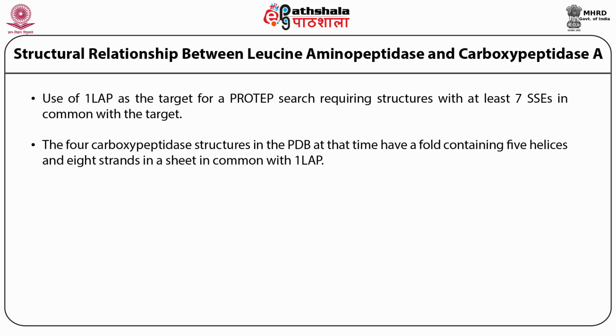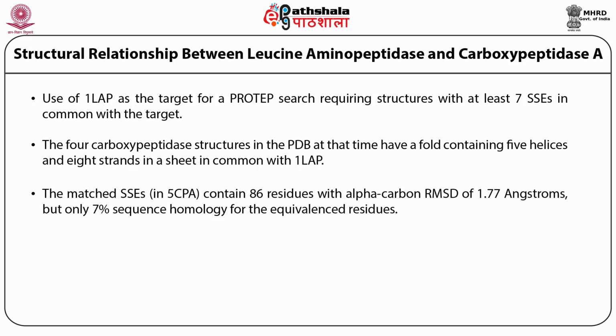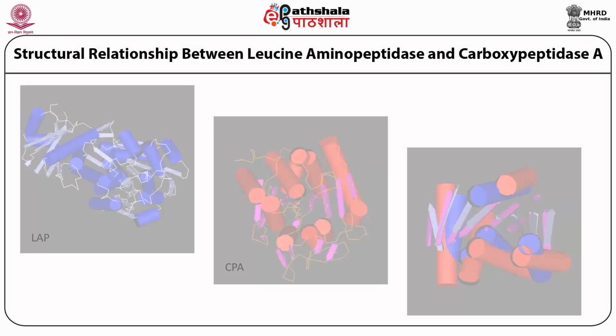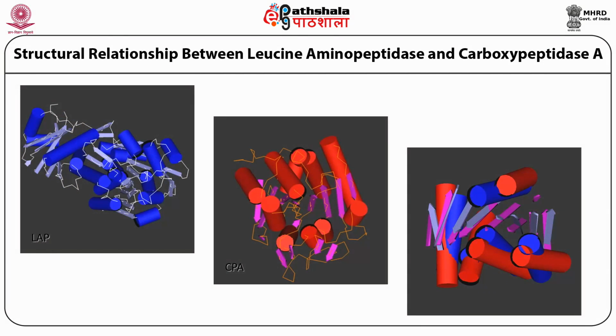And these structures have been folded containing 5 helices and 8 strands. On the other hand, 5-CPA, which is carboxypeptidase, has only 7% sequence homology. And both of them have a relationship between their binding sites. Here I show you the two structures, the left-hand side is the LAP and the next one is the CPA.